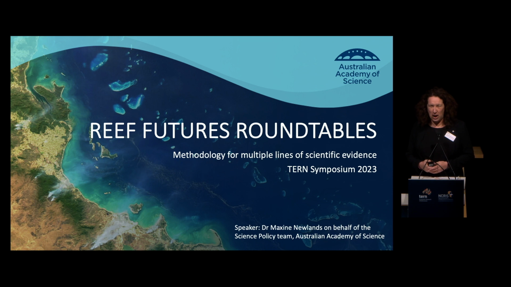So the Academy were asked by DQ to run a project which would identify the key issues, key concerns and areas of focus going forward over the next 5, 10 and further years.